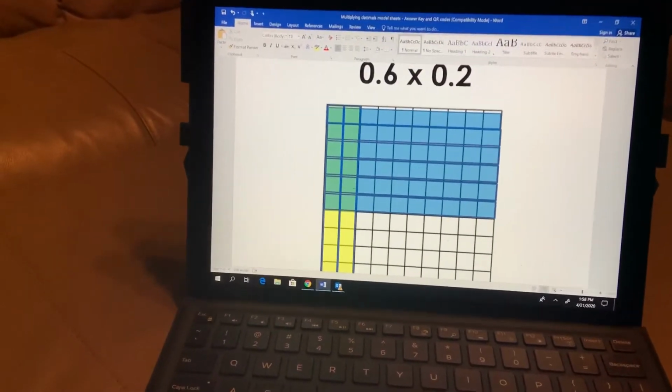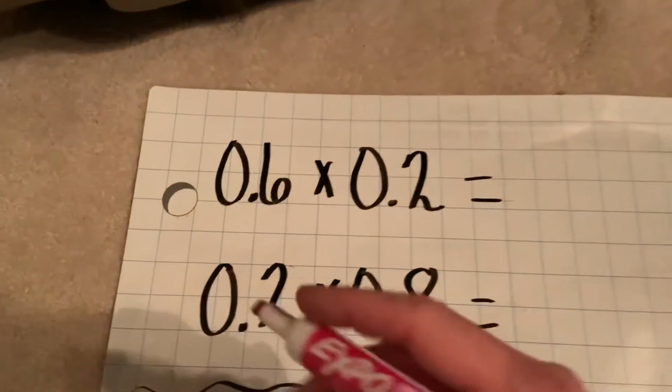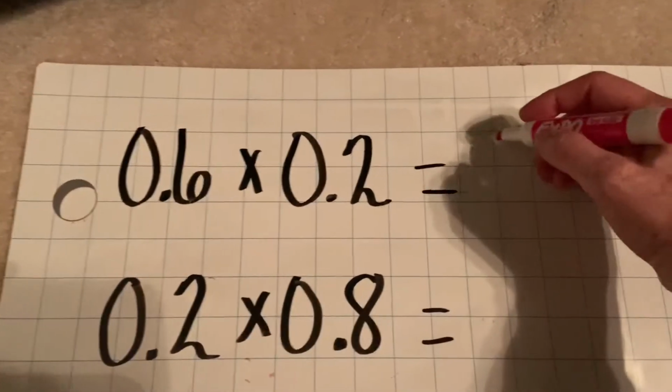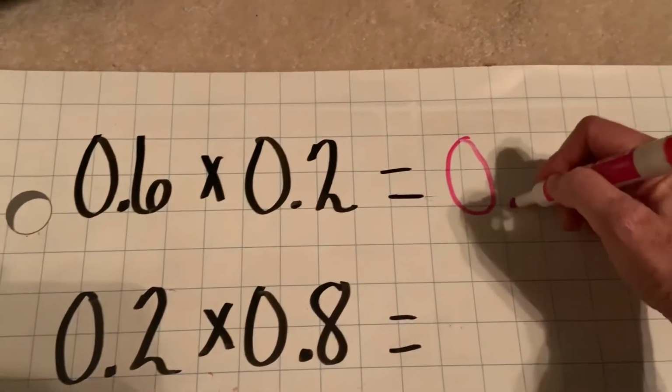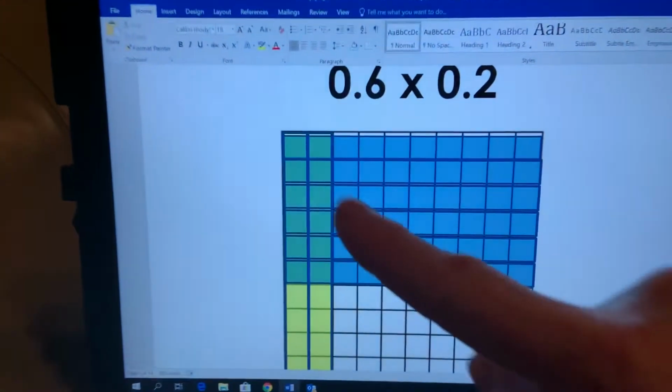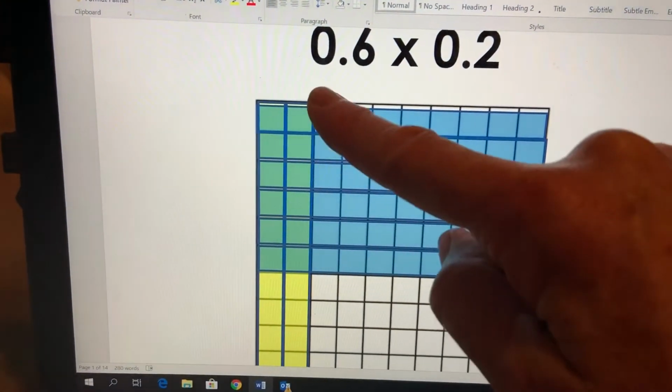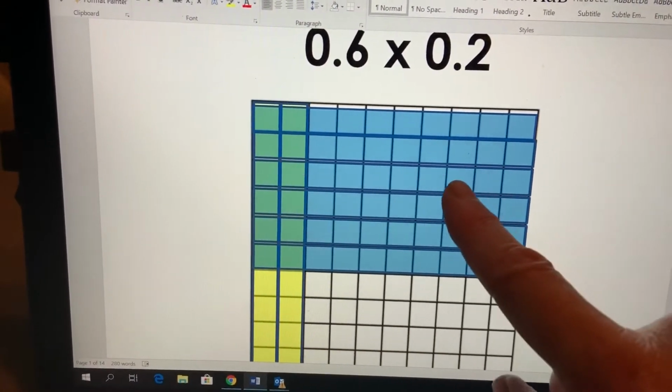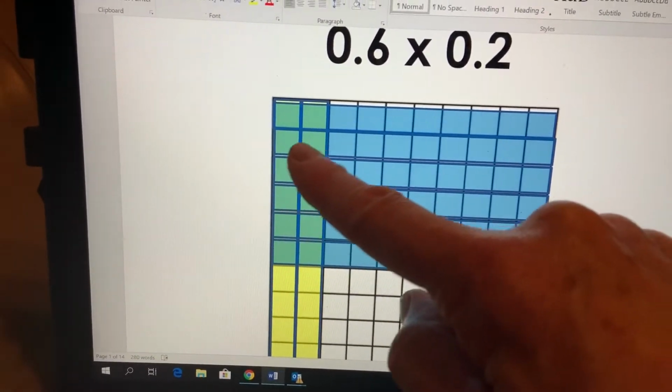So 6/10, I'm going to come over here. 6/10 times 2/10 is equal to 12 hundredths. And if you look back at this model, this overlapping area, this is blue, this is yellow, it overlaps to be more of a green.